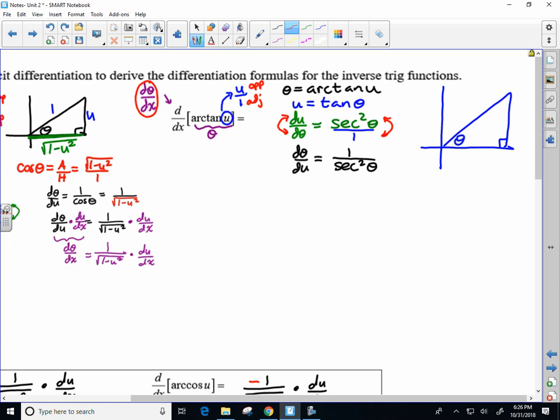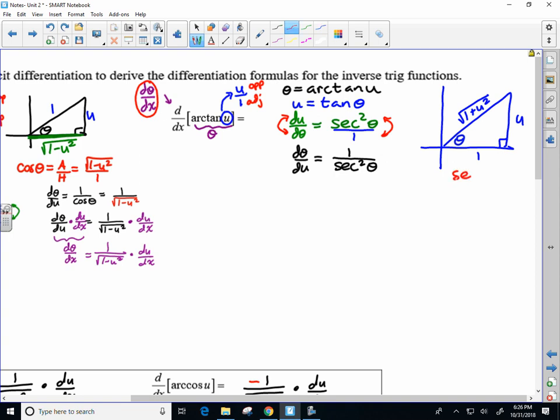So the opposite side is u, the adjacent is 1, the hypotenuse would then be the square root of 1 plus u squared, or u squared plus 1, it doesn't matter, under the radical. Traditionally they write it as 1 plus u squared. Okay, so I can pull out the secant ratio from this, or I can go to cosine squared, but I'll do it as a secant.